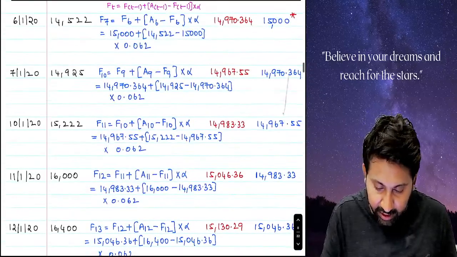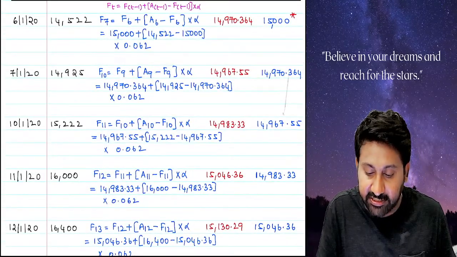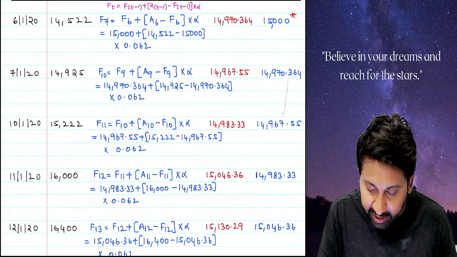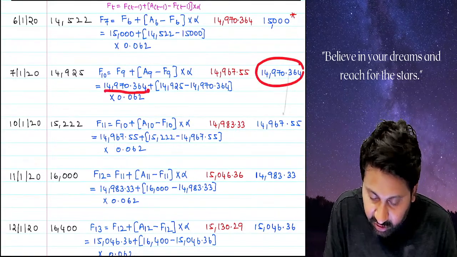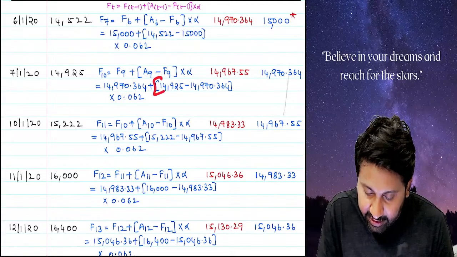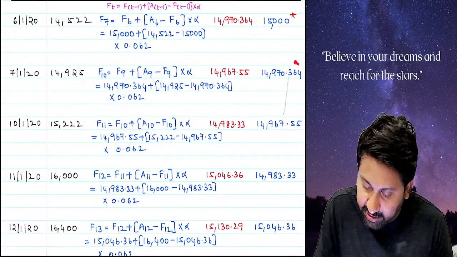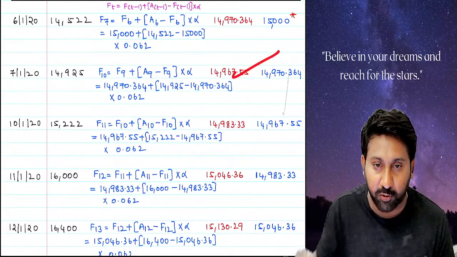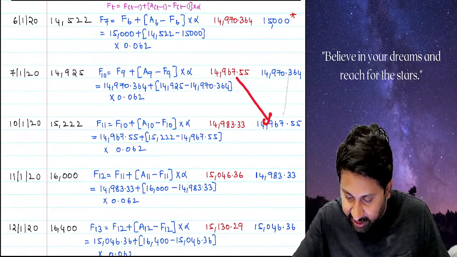So therefore F10 equals F9 plus A9 minus F9, into alpha. F9 is the forecast for the previous period. How much is the forecast? 14,970 plus A9. Actually what happened? 14,924 minus 14,970.364 will give you 14,967. This will become the forecast of the next day.